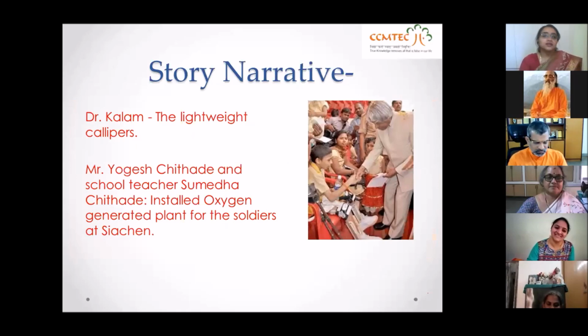When this came to the notice of Kalam sir, he came up with an innovative solution of making the most lightweight calipers using aerospace waste from missiles. Along with the DRDO and everybody else, he came up with the lightweight calipers.